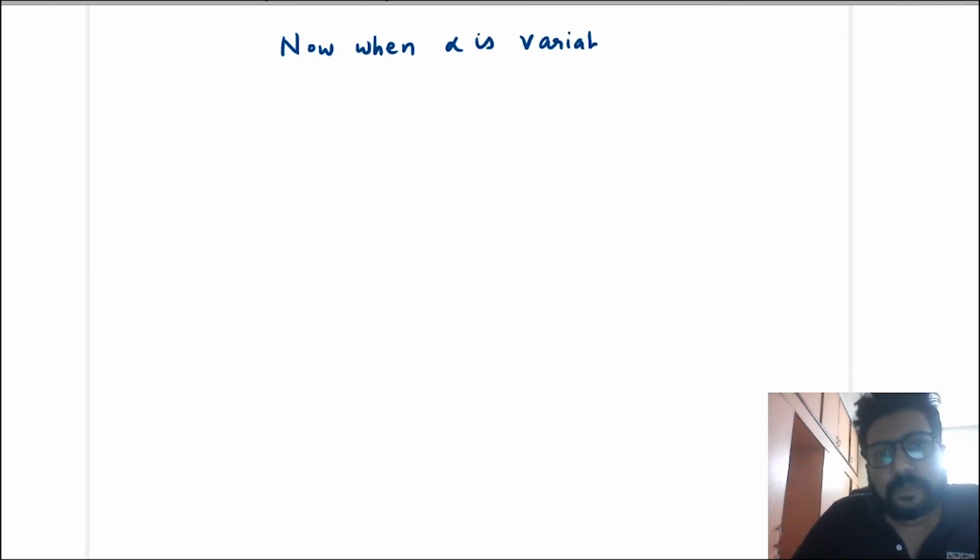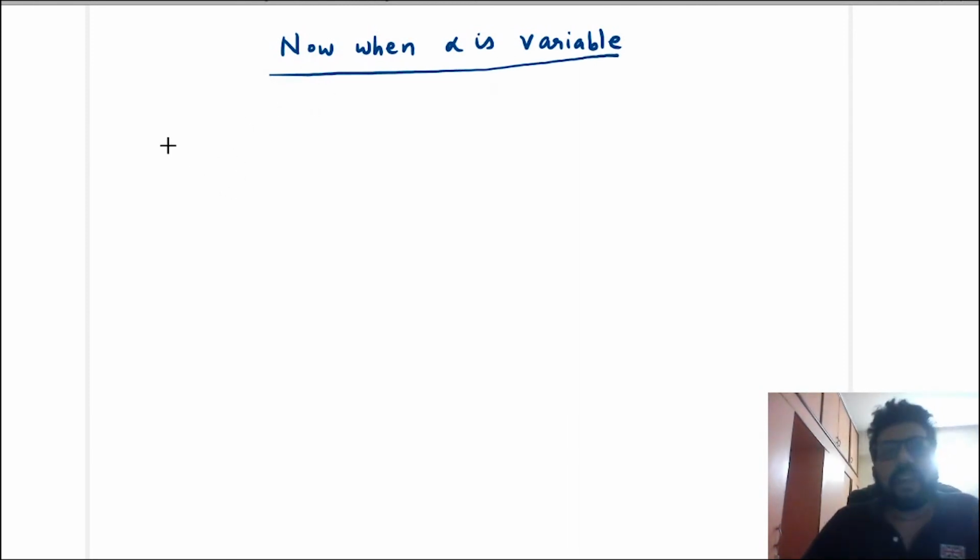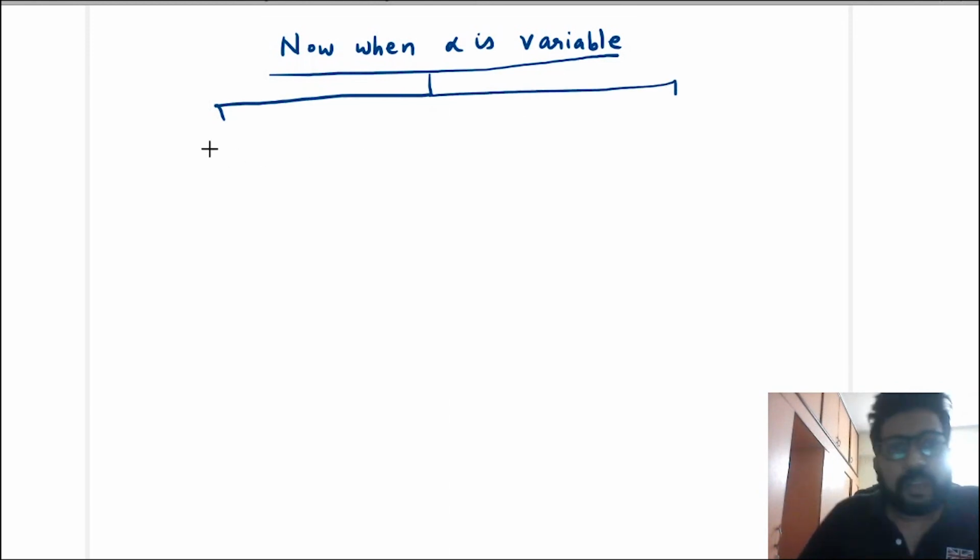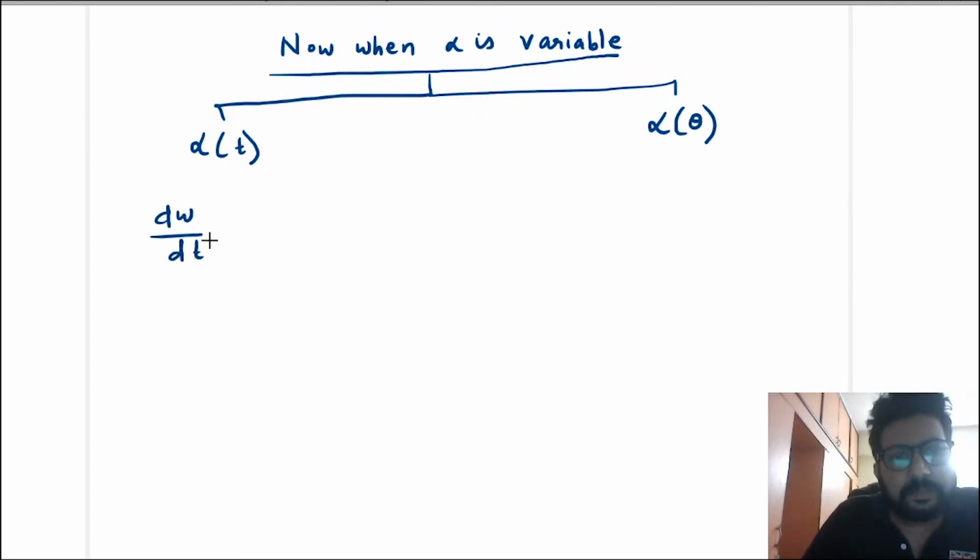Okay. Now when alpha is variable, you will have to integrate. So in case 1, let us say alpha is a function of time, and suppose alpha is a function of theta. When alpha is a function of time, you will write alpha is equal to d omega by dt is equal to alpha as a function of time.